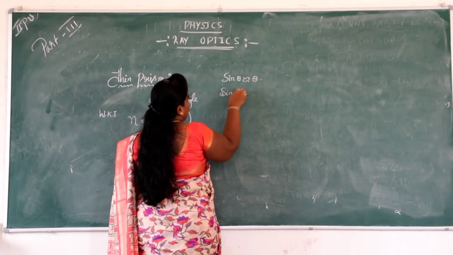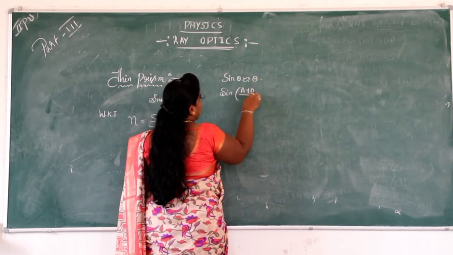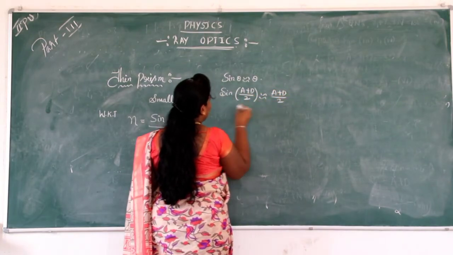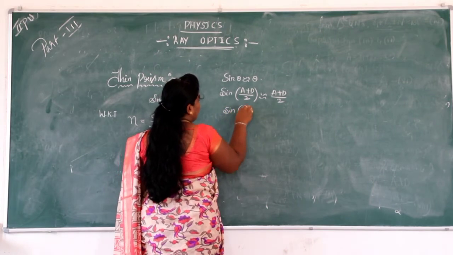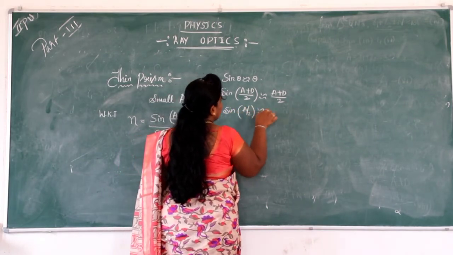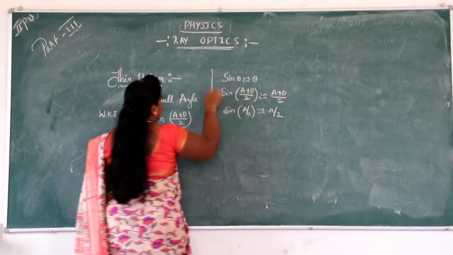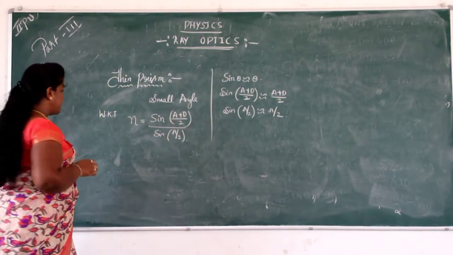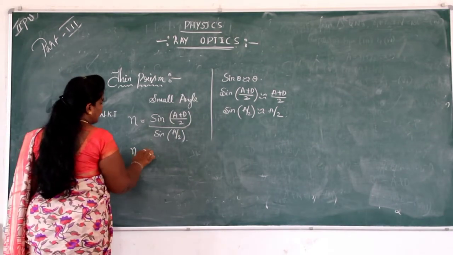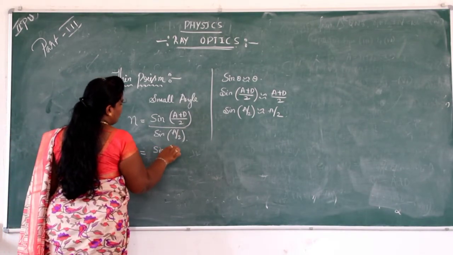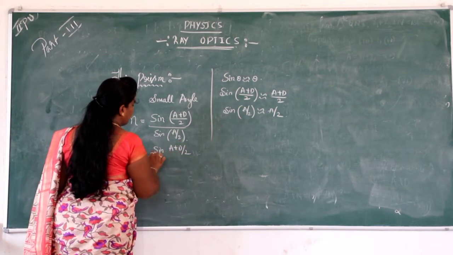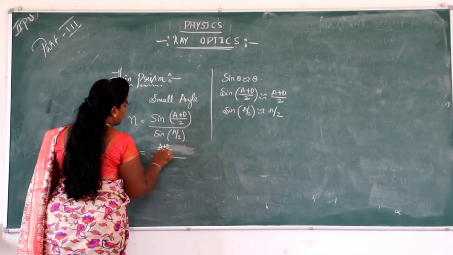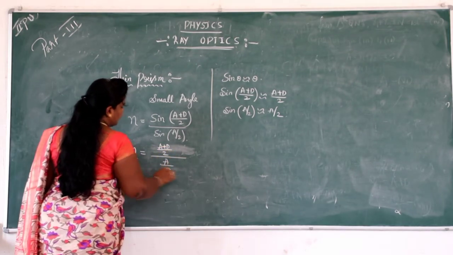It means sin of (A plus D) by 2 is nearly equal to (A plus D) by 2, and sin of A by 2 is nearly equal to A by 2. So the refractive index n can be written as (A plus D) divided by 2, divided by A by 2.